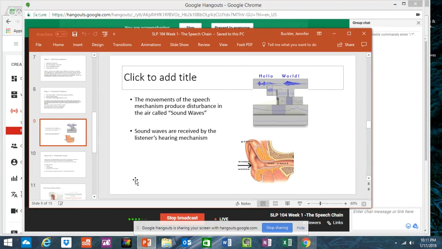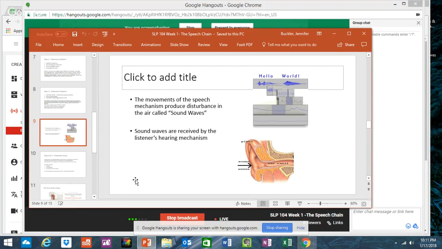So steps 4 and 5 of the speech chain involve what happens after it leaves the speaker. The sounds that are created by the oral mechanism in the speaker's mouth create sound waves. Those sound waves travel through space and time from the speaker to the listener.